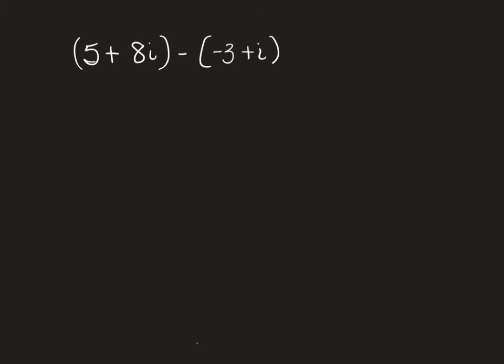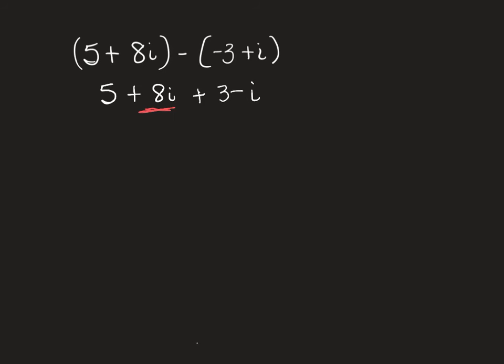Let's look at subtraction. So in subtraction, remember I've got to distribute that negative. So when I look at this, this is 5 plus 8i. And when I distribute that negative, it's going to become positive 3 minus i. Yes, positive 3 minus i.